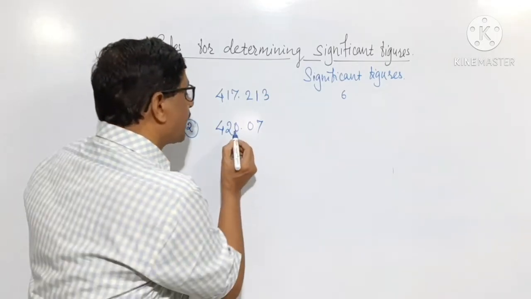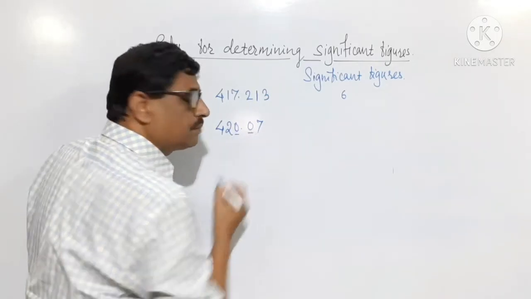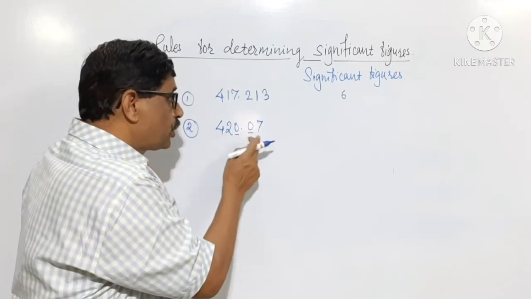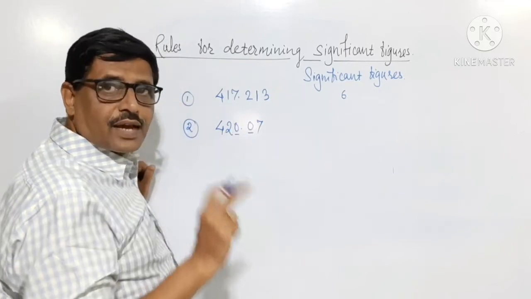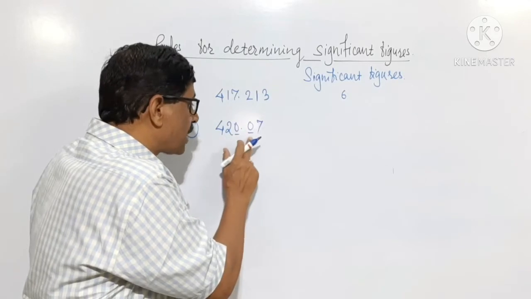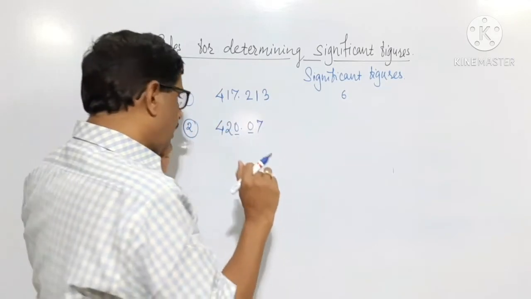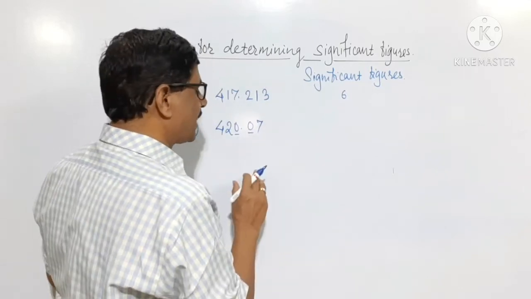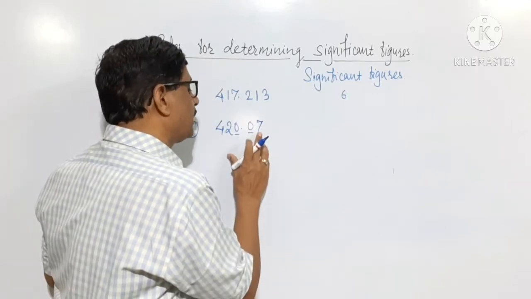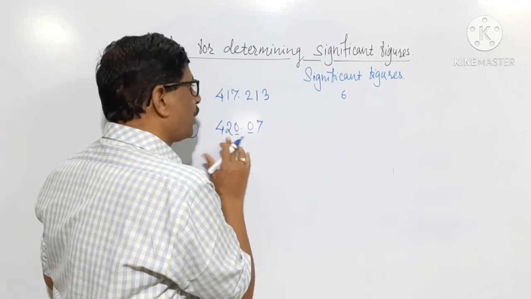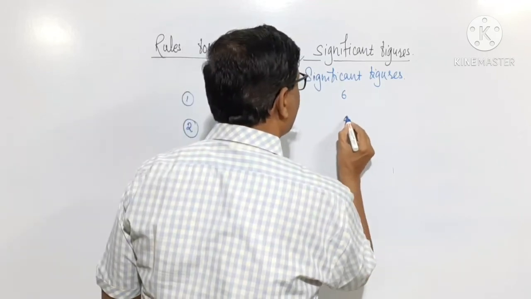Here, there are two zeros between two non-zero digits. Therefore, these zeros are significant figures. Now, how many significant figures are there in this measurement? 1, 2, 3, 4, 5. Significant figures are 5.